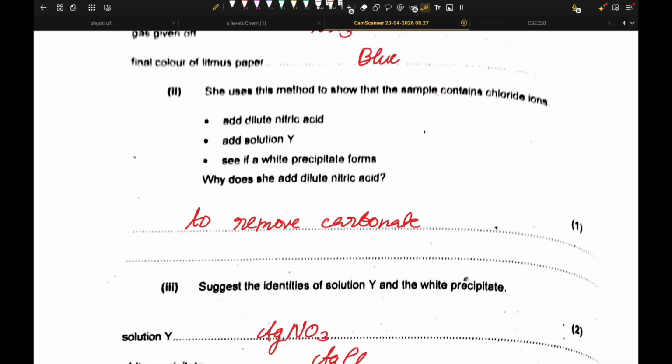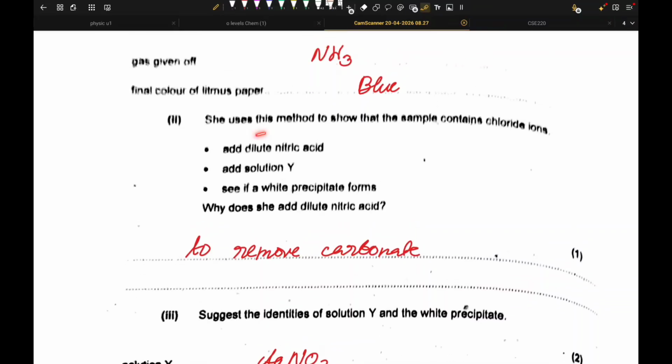Now, why did we exactly use the nitric acid? Okay, so here she uses this method to show that the sample contains chloride ions. So, for the test of chloride ions, we first add nitric acid. Why are we adding nitric acid? To get rid of any carbonates that might be present in the solution.